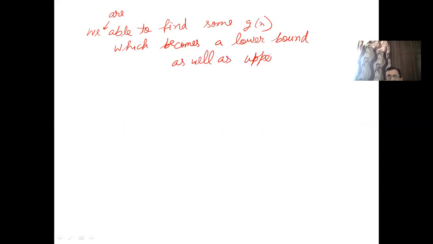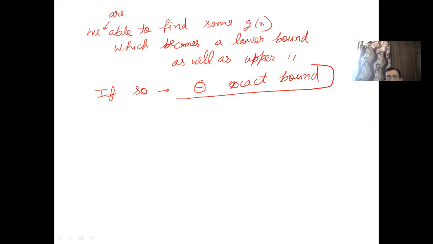So that is the advantage of this. If so, it is called theta notation, or an exact bound. So theta is the best notation because this will give you an exact estimation, neither lower nor upper.